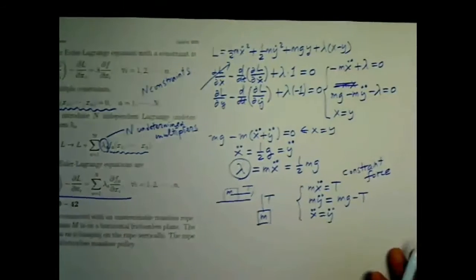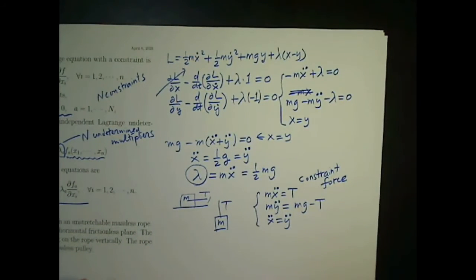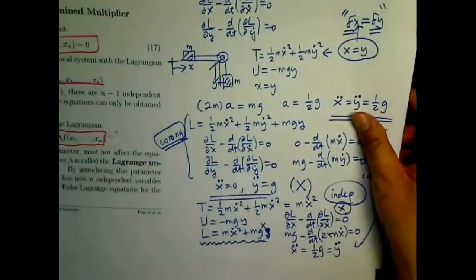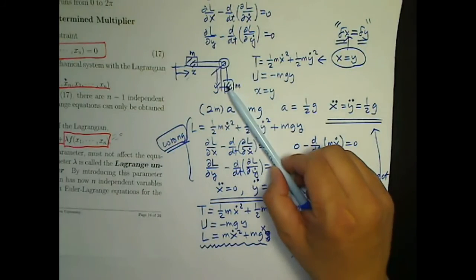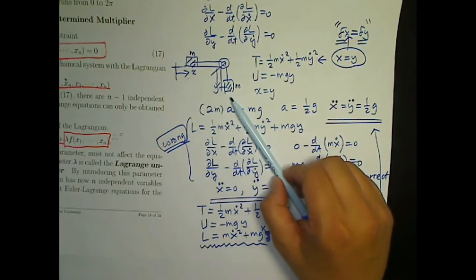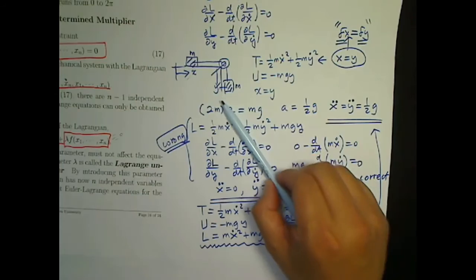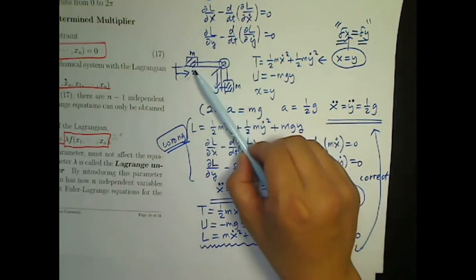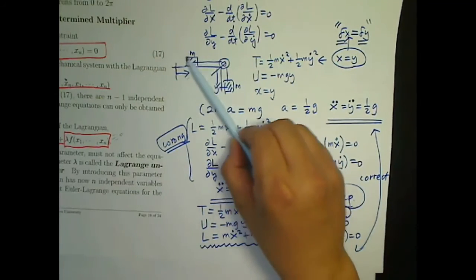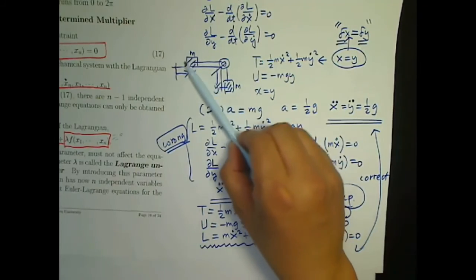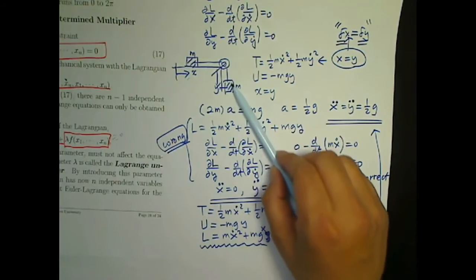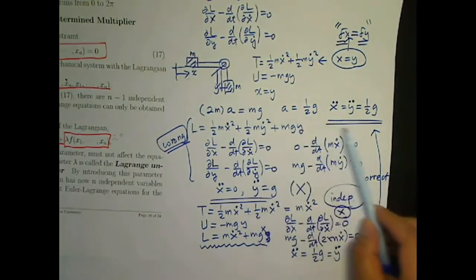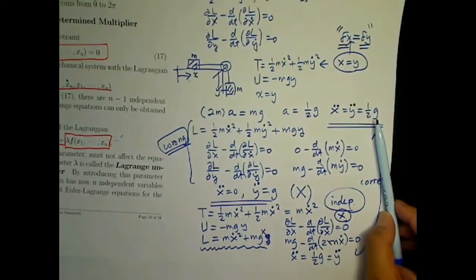Let us return to the original problem. We recall this problem: two masses attached by a string, and the two masses are the same, but they are moving together. The answer was that the horizontal acceleration of this block on the table, and the vertical acceleration of this hanging mass, are both 1/2 of g.